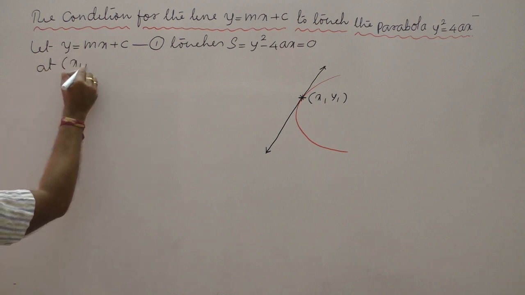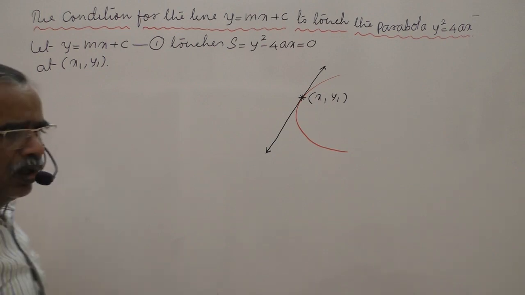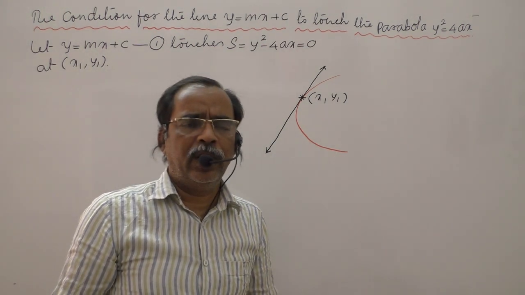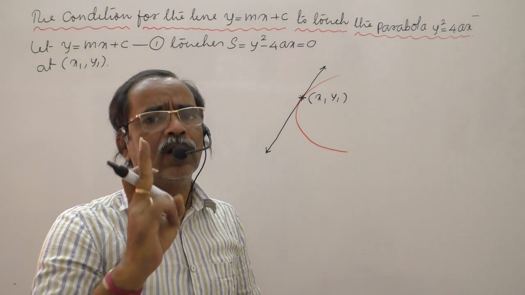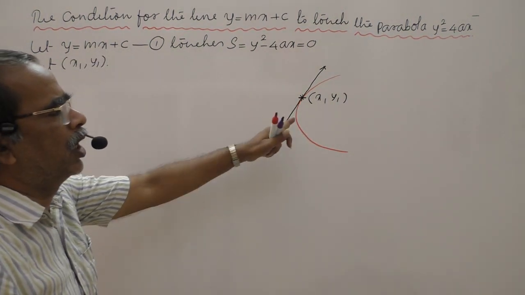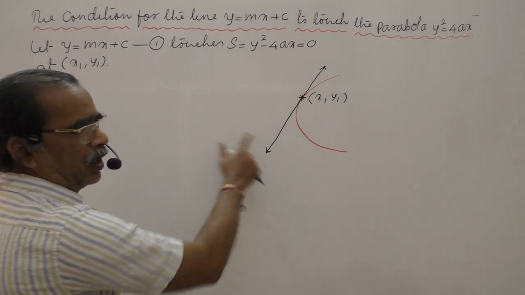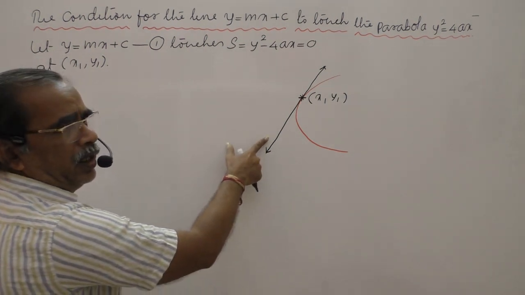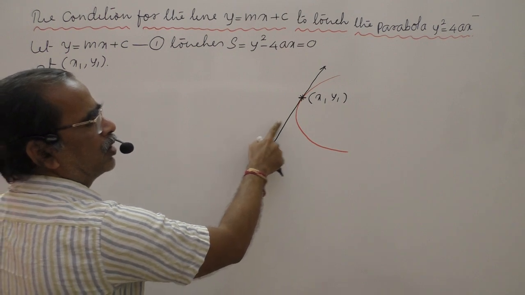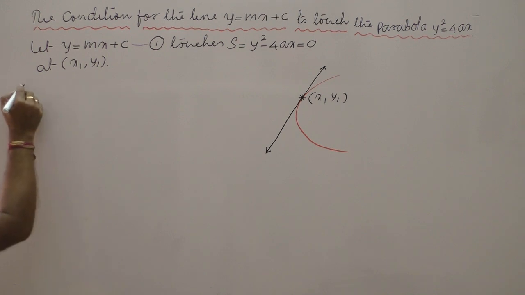I am supposing that this line is touching at x1, y1. A line touching a curve means it has to touch at one point. We have taken the line touching the parabola at x1, y1. Now the line is a tangent to the given parabola at the point x1, y1.